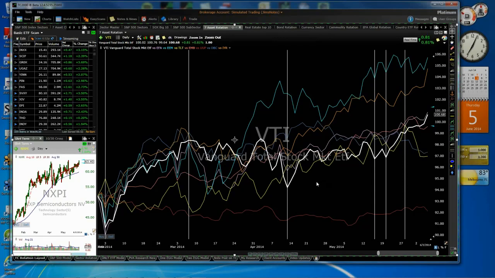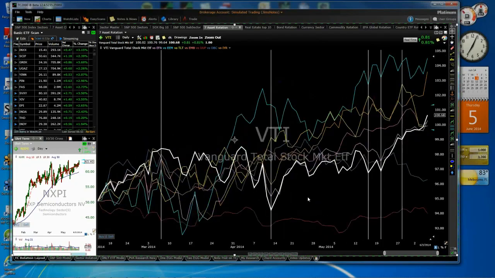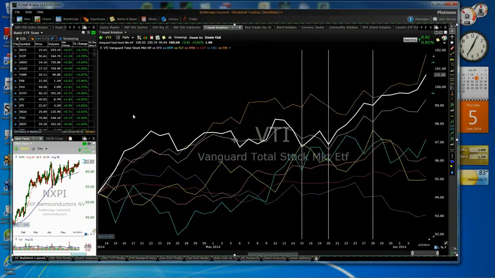The simplicity of it is that the last real pivot point that we're working off of right now is this one on April the 11th. So what we look for is to scroll back and use the pivot point, so the start date is the 11th of April, and we come forward. What we're looking for off of those is what is leading relative to the market.